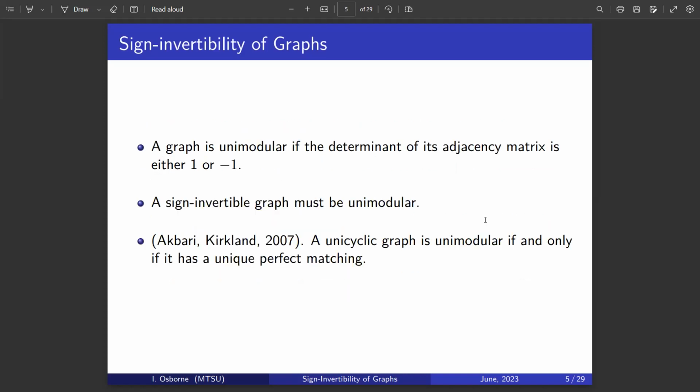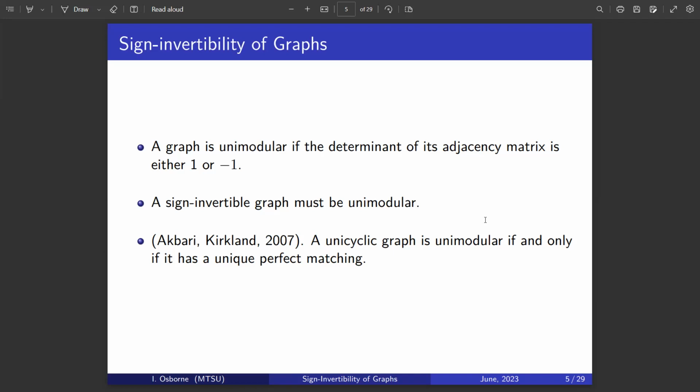So when looking at the inverses of these graphs, that is a huge area to cover, right? But we can simplify down the types of graphs that we have to look at by looking at the determinant of these graphs first. We know that if the determinant of the adjacency matrix is not 1 or -1, then it can't be sign invertible.